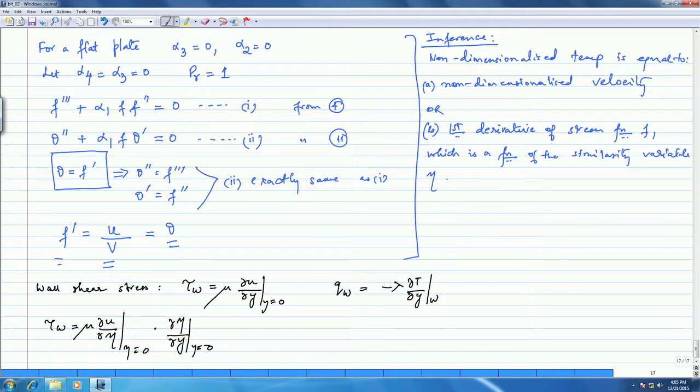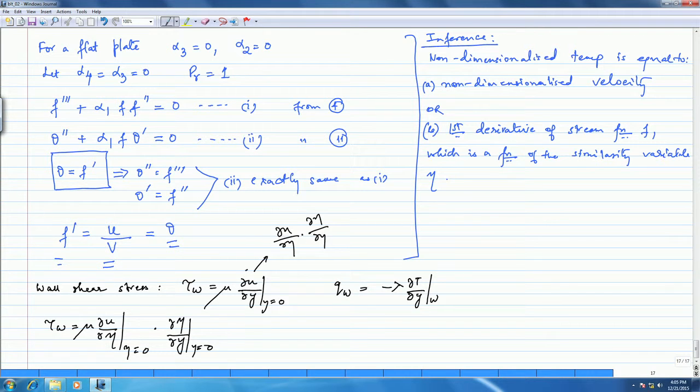I am just breaking down the derivative with respect to y when I write the wall shear stress in the similarity variable. Essentially, I am writing it as del u del eta into del eta del y, that is all. In this case eta is 0, in this case y is 0.